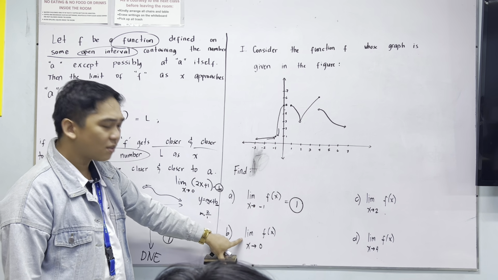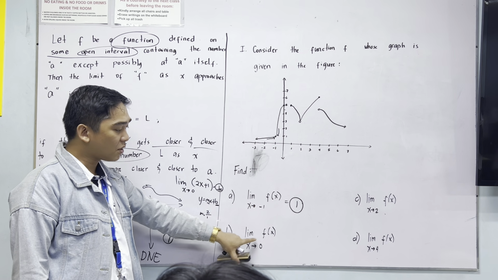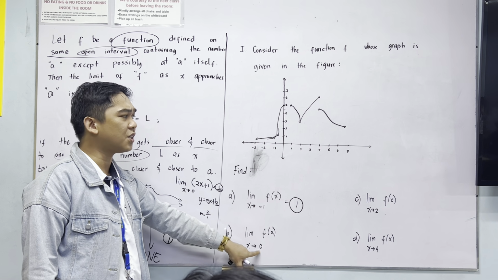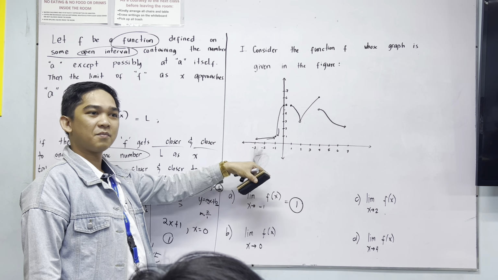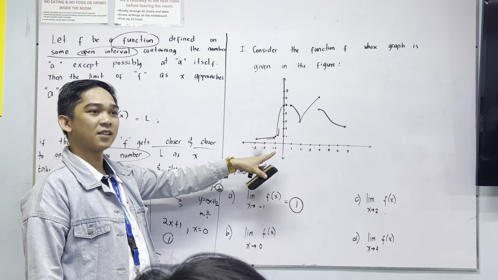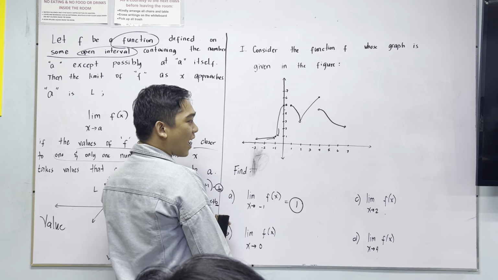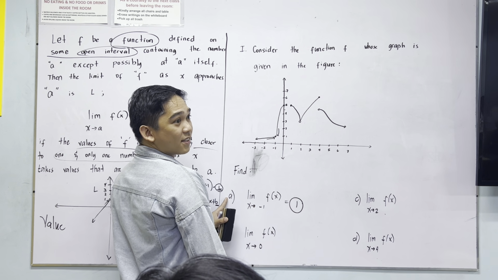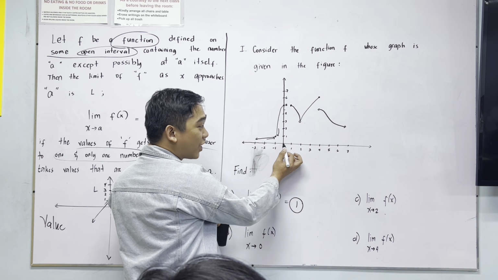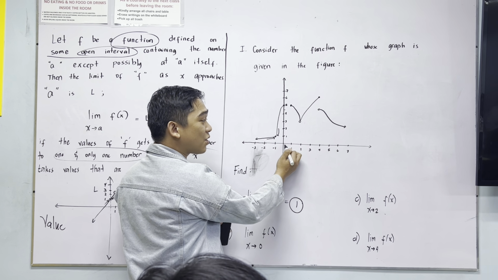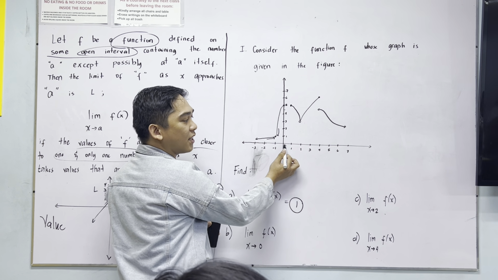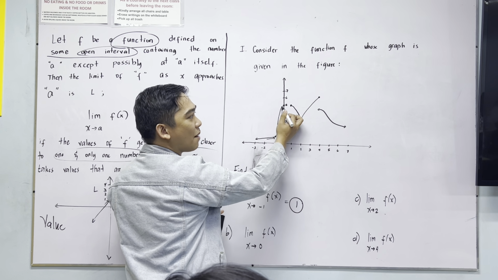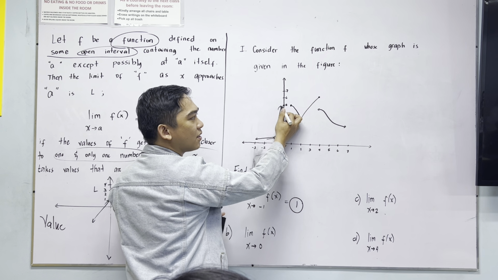How about letter B? Limit of the function as x approaches 0. Where is 0? Nasaan? Gitna. So, origin. Intersection, nandito si 0. So, check natin yung graph natin. So, coming from the left, meron tayo.